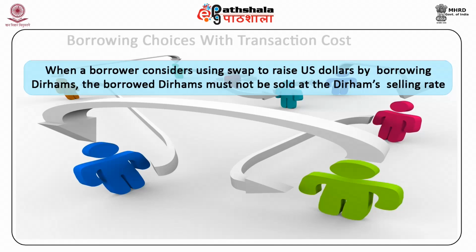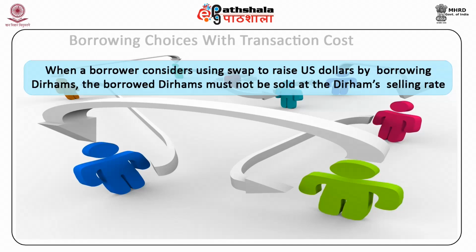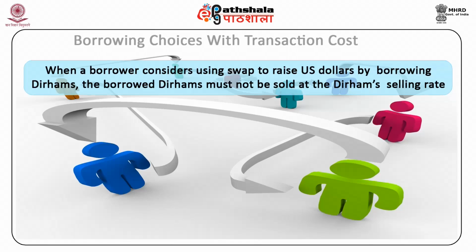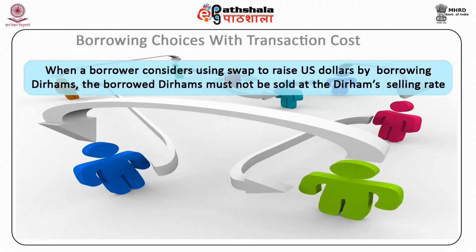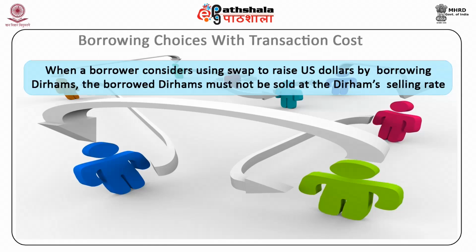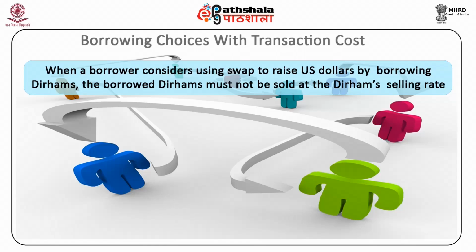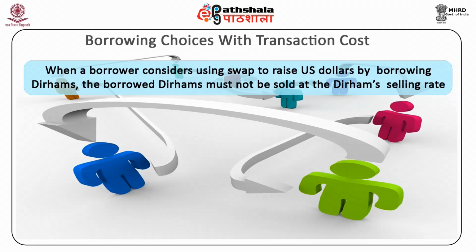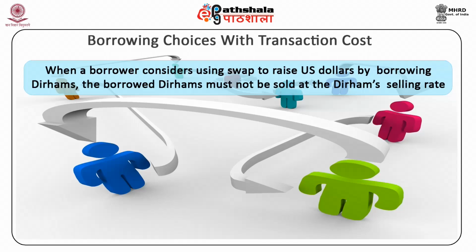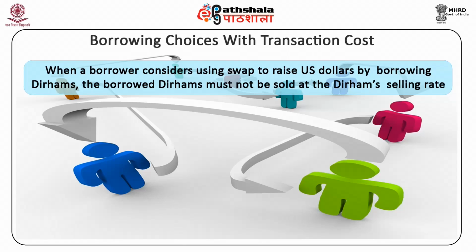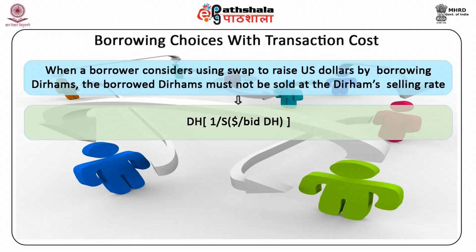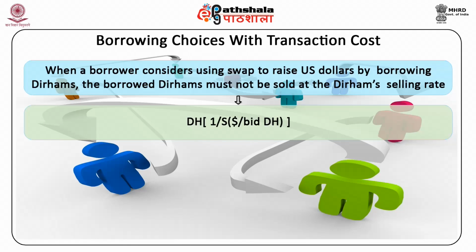When a borrower considers using a swap to raise US dollars by borrowing dirhams, the borrowed dirhams must be sold at the dirham's selling rate, spot dollar per bid rate of dirham. For a dollar, the dollar borrower must therefore borrow dirham 1 by the spot rate of dollar per bid rate of dirham.